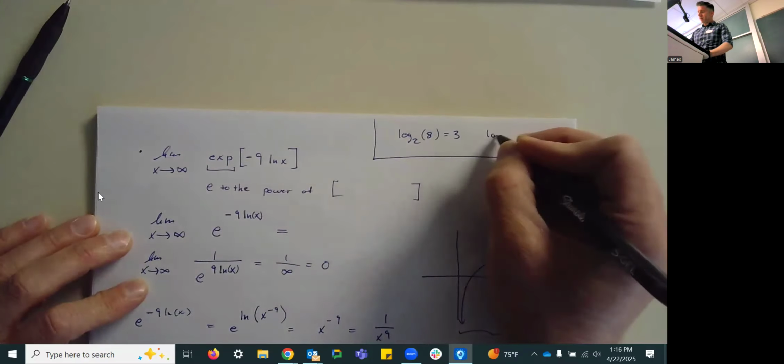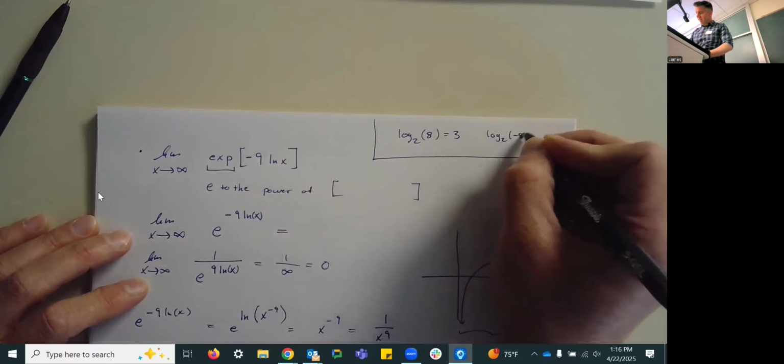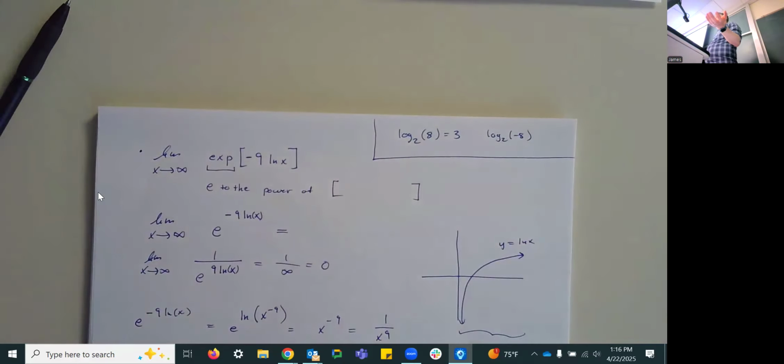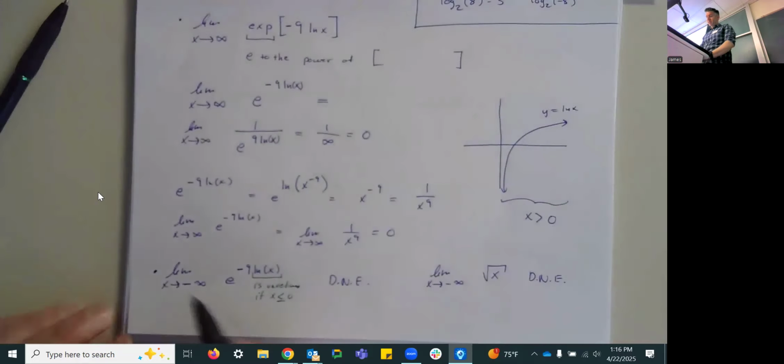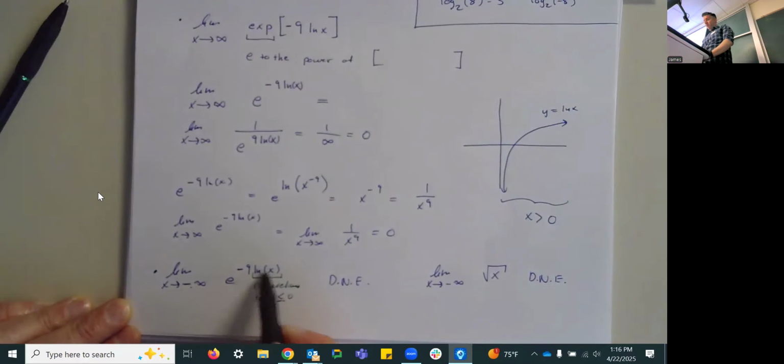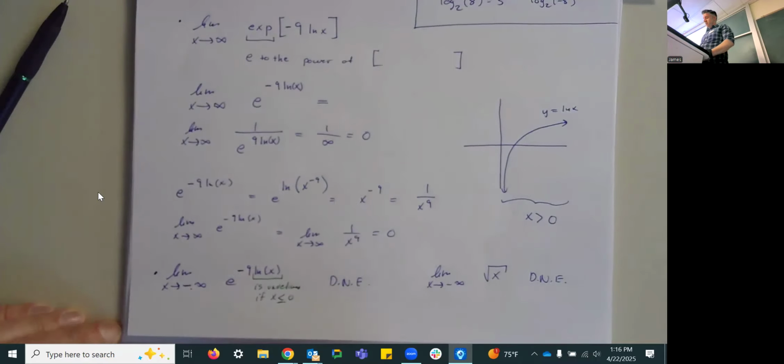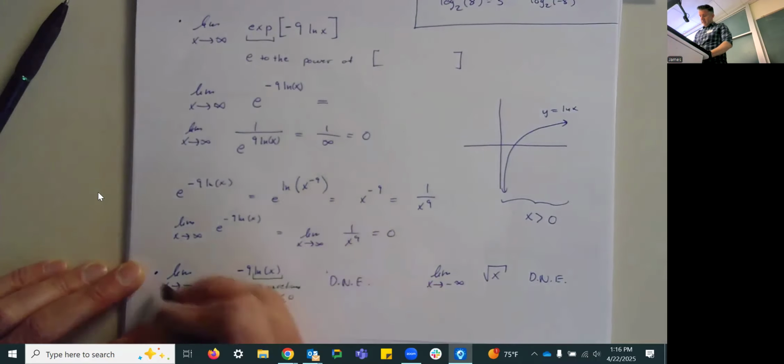But log base 2 of -8 doesn't work. 2 to some power is always positive. It's never going to equal -8. So that's why we can't take log base 2 of -8, or the natural log of a negative number. We definitely can't take the limit as x goes to negative infinity of the natural log of x, because you can't have negatives as the input there. So this one does not exist.